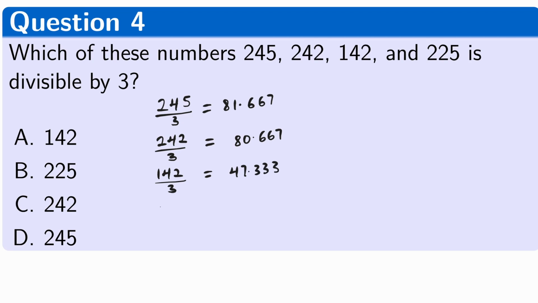And lastly, we have 225 divided by 3, and this gives us 75. And so here, as we can clearly see, it's only 225 that gives a remainder of 0 when divided by 3. And so the correct option is option B.